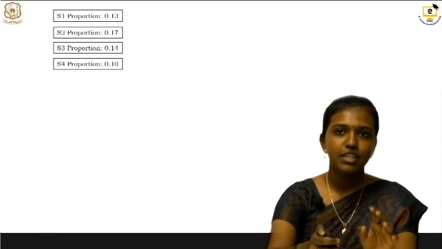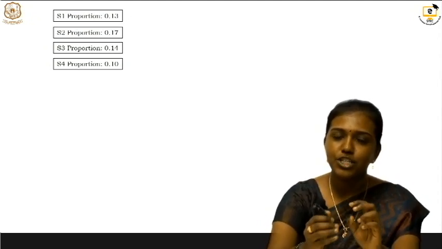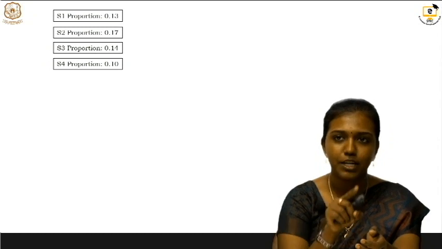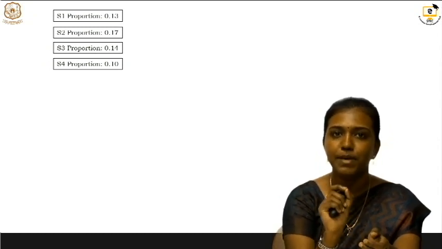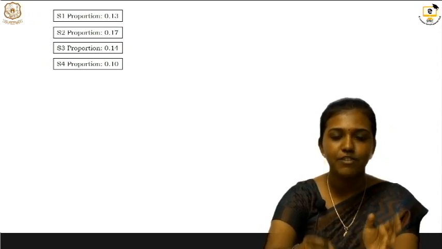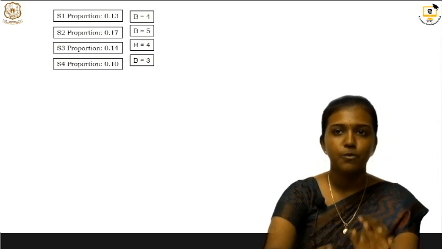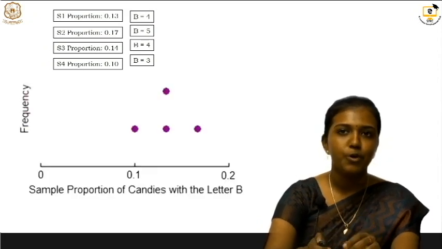Fine. Now you have a particular set of values that represents the proportions of samples. So we are measuring a particular characteristic, the Bs, in the population. You have the proportions of Bs in every sample that you have, and you have the number of Bs. So let's take these 2 values and put them on a graph.